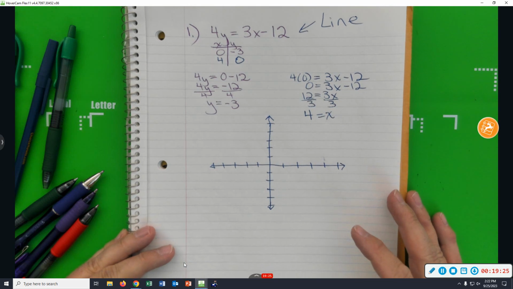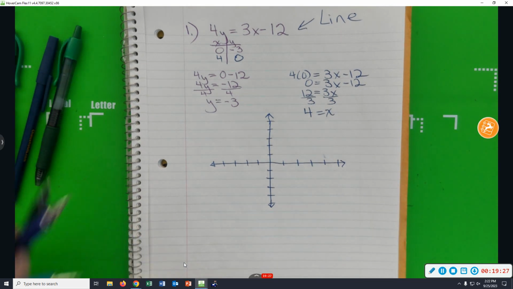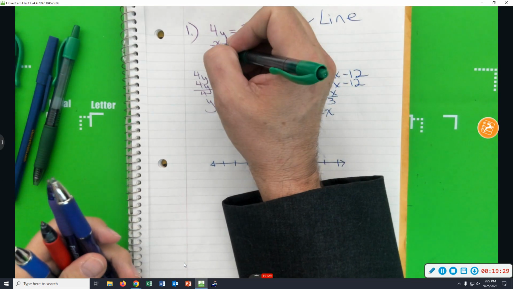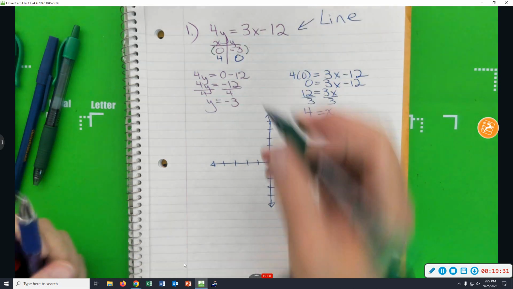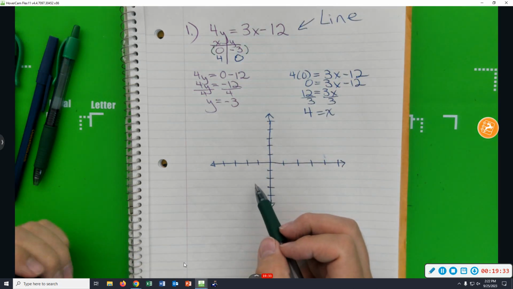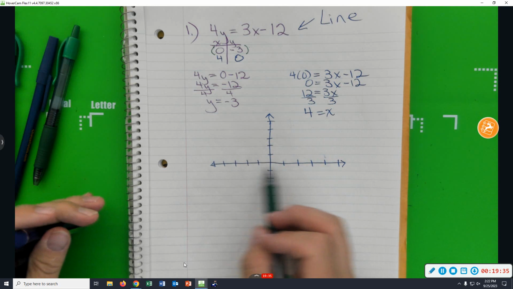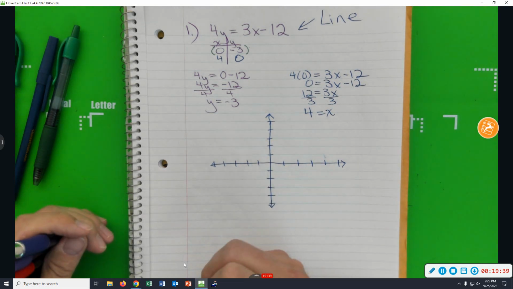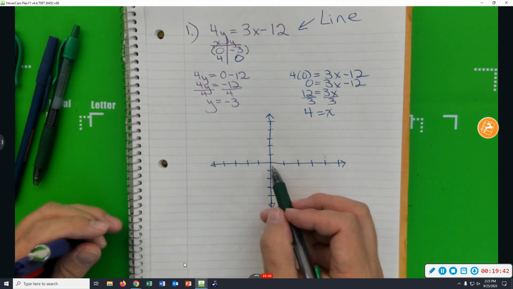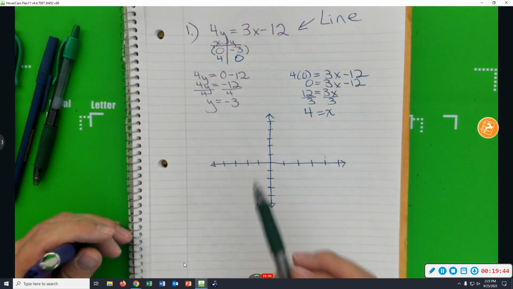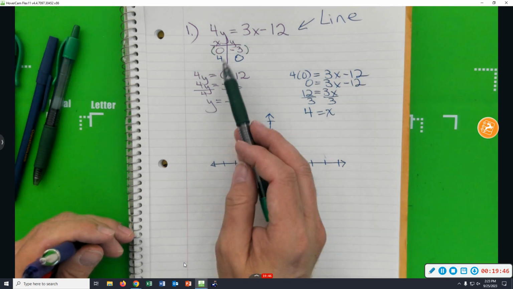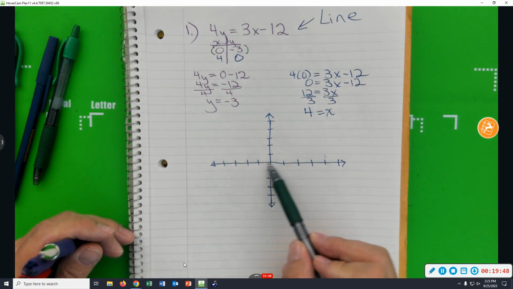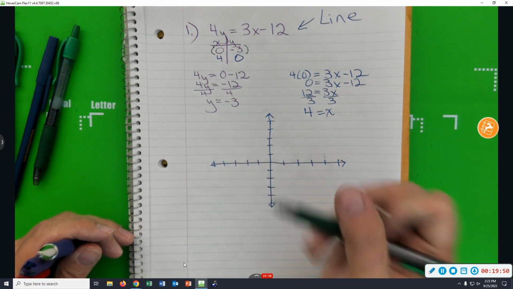We have 2 ordered pairs. The first ordered pair, 0, negative 3. That says go left, right. How many units do we go left, right? X is 0, so we don't go left, right.